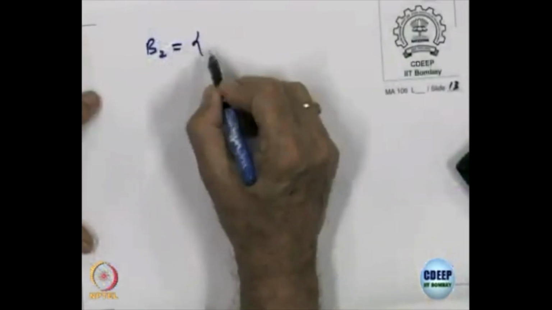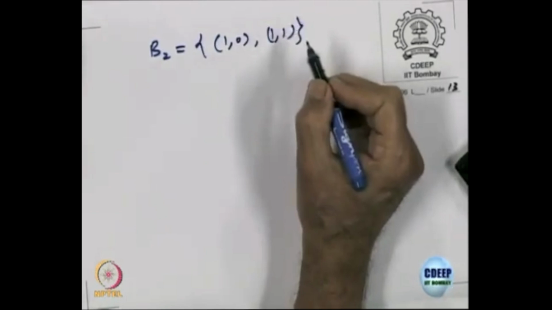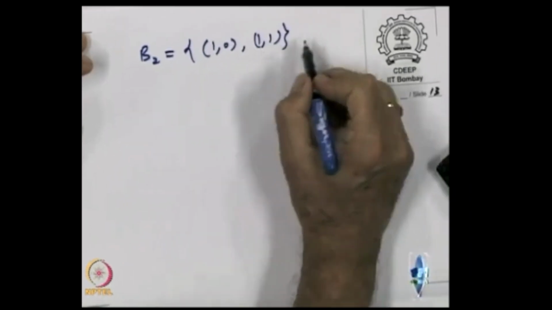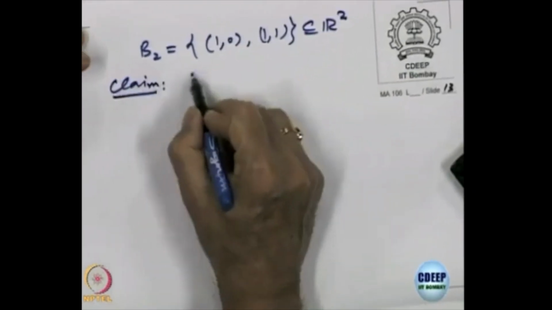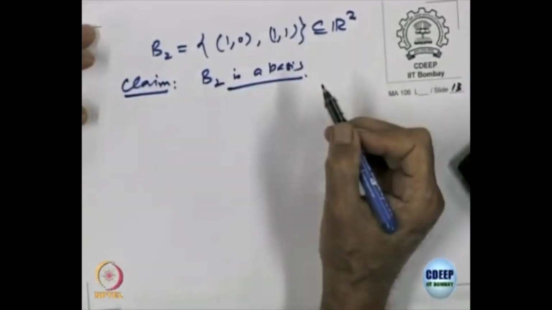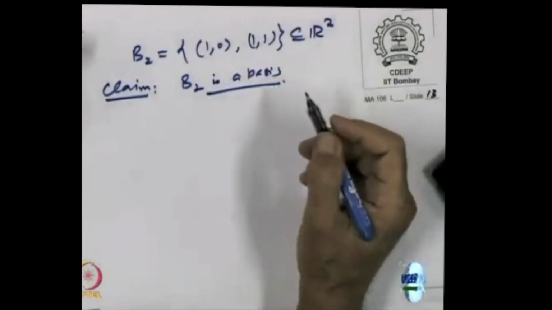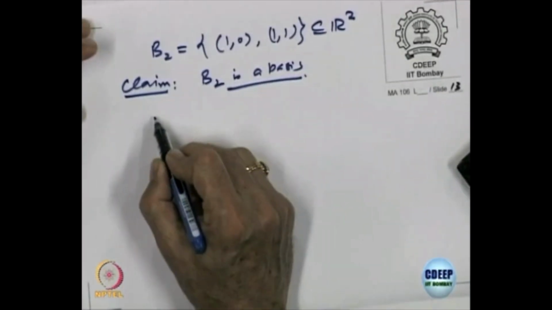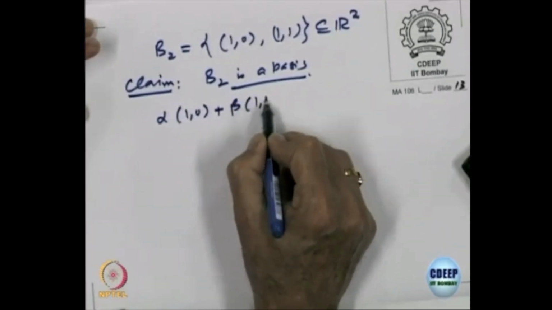Let us construct another basis. Let us look at B2: let me keep (1, 0) and take (1, 1). That is another set in R2. Claim: B2 is a basis. I can use any one of those three approaches, so let us check independence first. Alpha times (1, 0) plus beta times (1, 1) equal to 0.